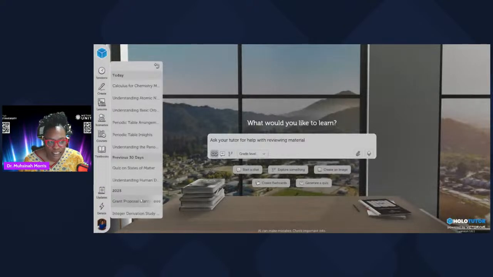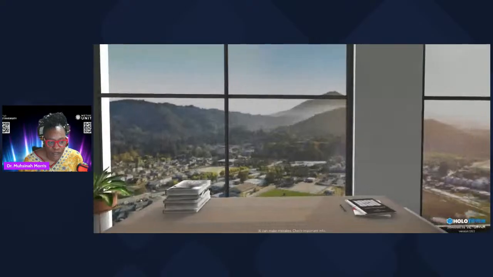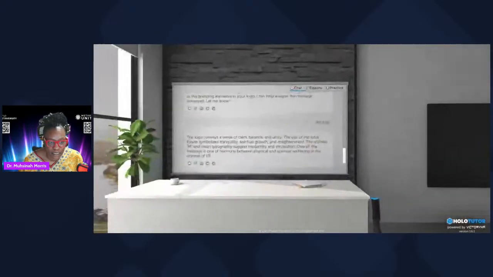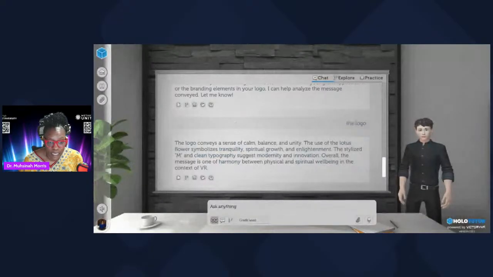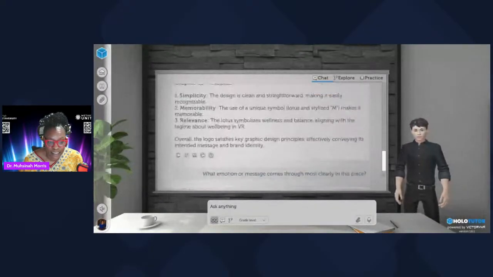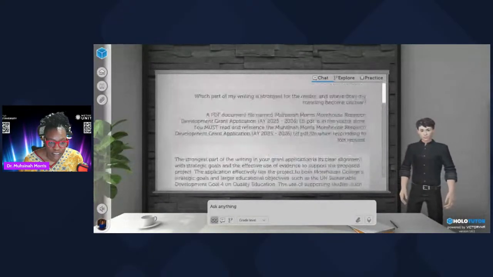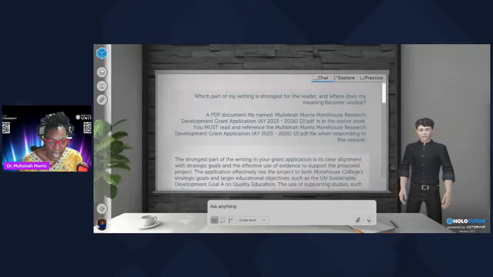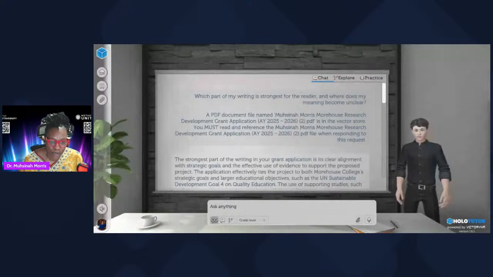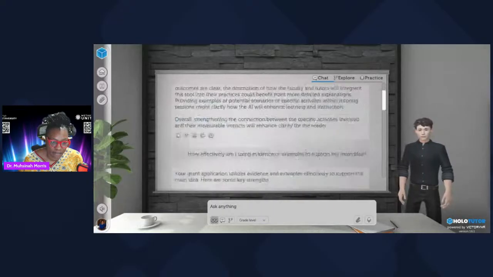One way that I've used it, because I have a lot of English people that are asking me how it's being used, is with a grant proposal that I did, and I had it give me some insights on my writing. I asked it which part of my writing is strongest and where does my meaning become unclear, and it gave me that information.